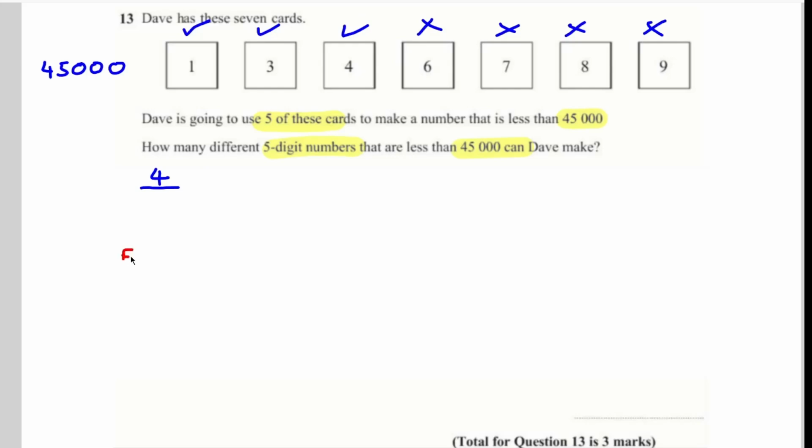First digit, after that second digit, after that ways to fill, last 3 positions.